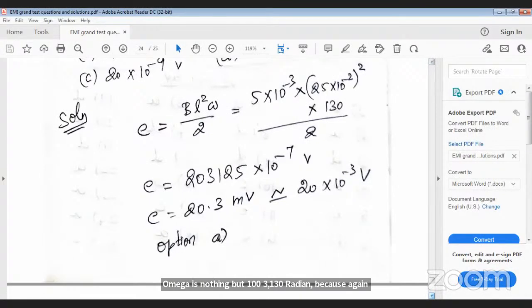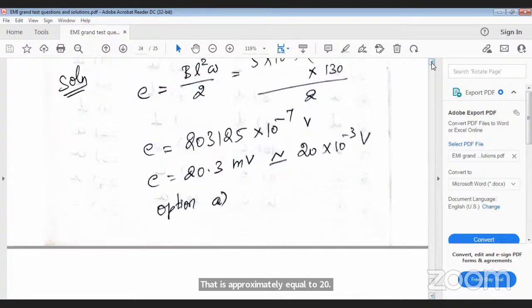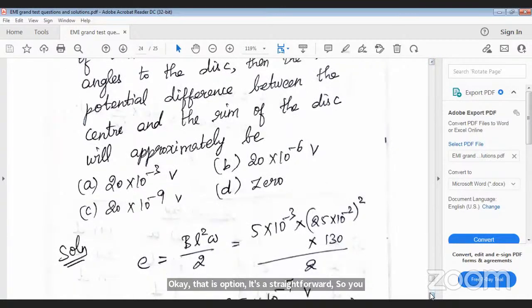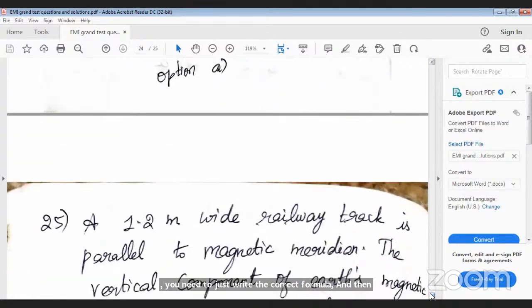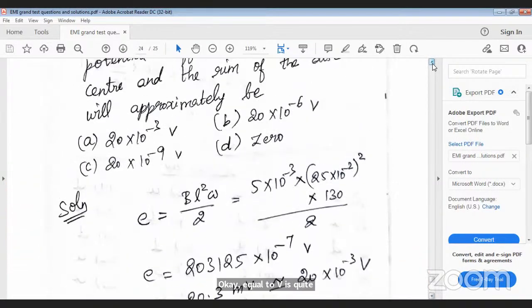Substituting all the values, you will get 20.3 millivolt, that is approximately equal to 20 millivolt. That is option A. It's a straightforward solution actually, because you just need to write the correct formula, E equal to BL squared omega by 2, and then proceed. So option A is the right answer for this question.